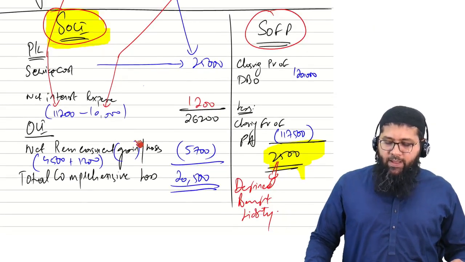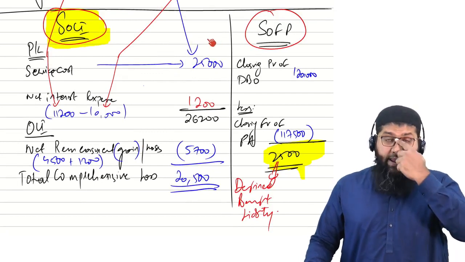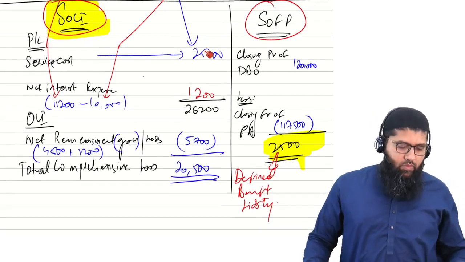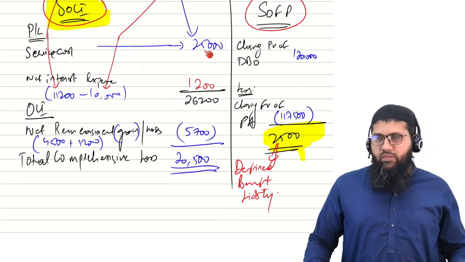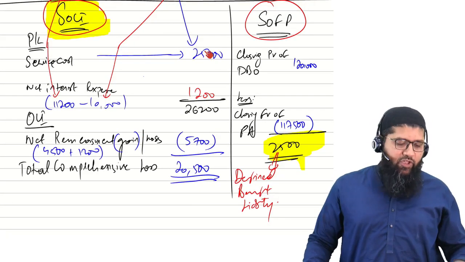Okay, now this is how you would show in the SOCI and SOFP.